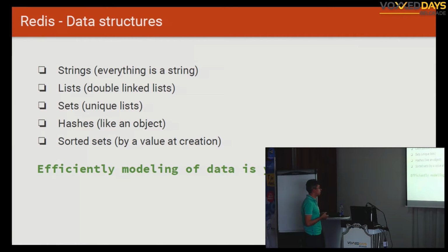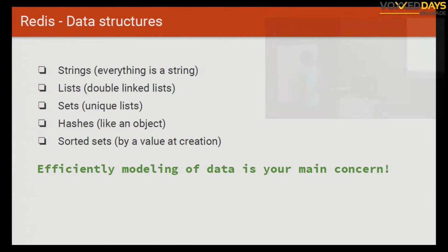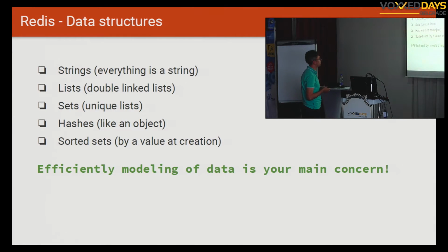So now we're back at the data structures, and we'll see a little bit about this in the next demo. Lists are not like the lists we are used to. Instead, they are doubly linked lists, which makes them very good for inserting, but not good for moving along and finding some value.